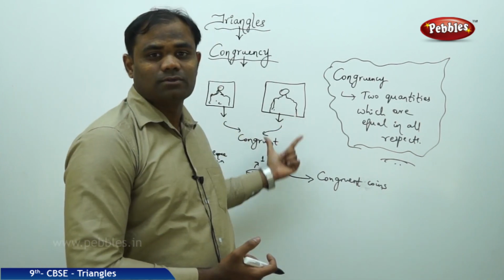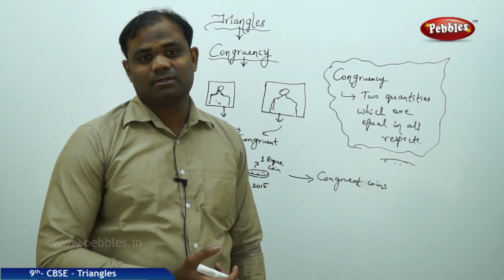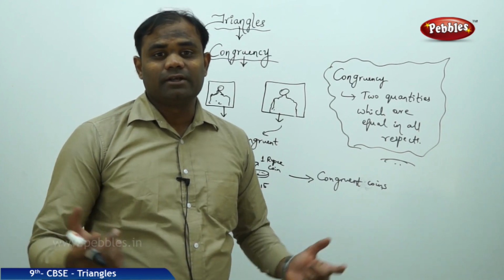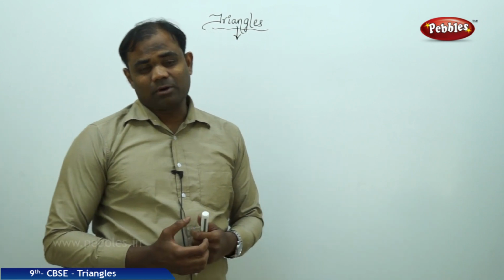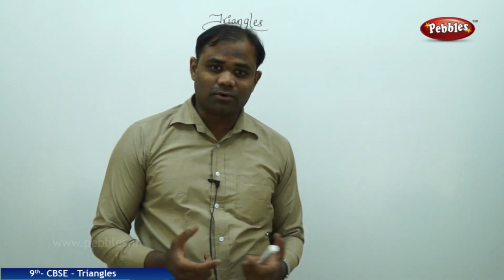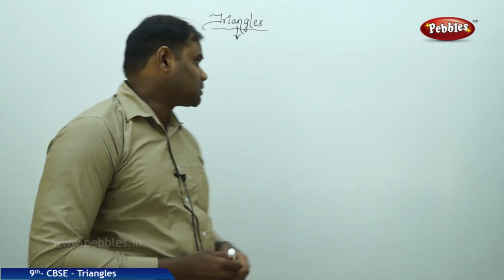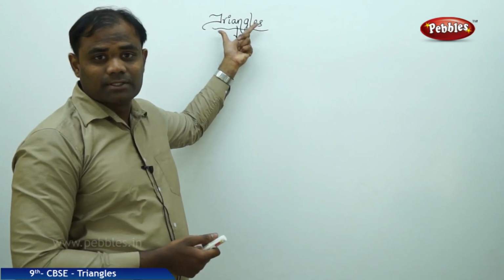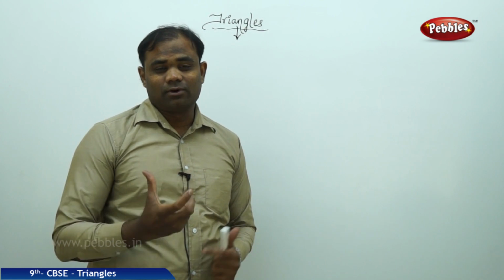Congruent photos, congruent coins is how I understand the definition of congruency. Now that we have discussed congruency of two different quantities, now comes the concept of congruency for triangles. So let's see the rules for congruency of triangles.